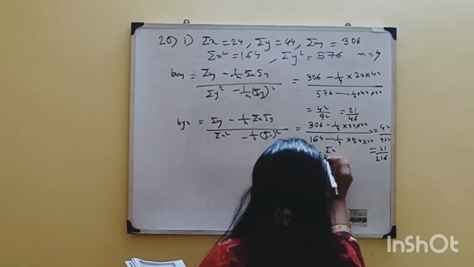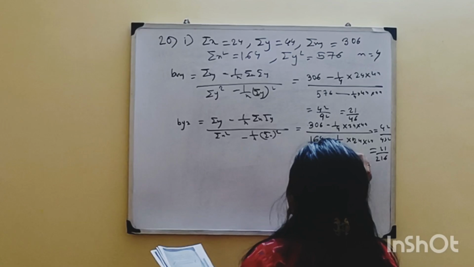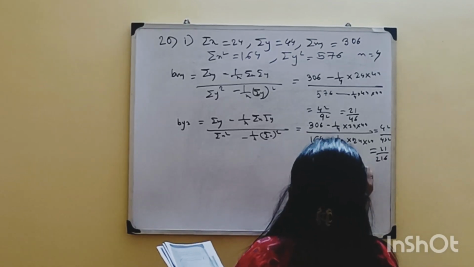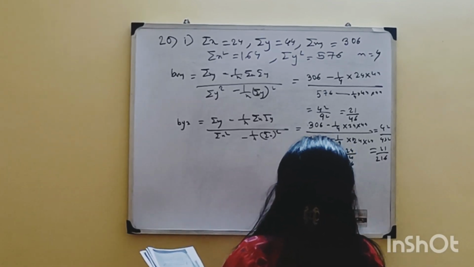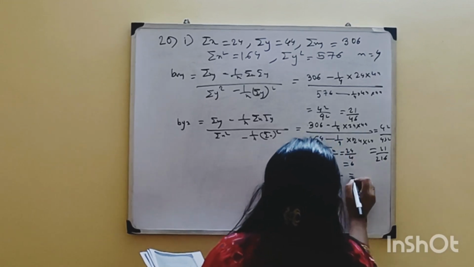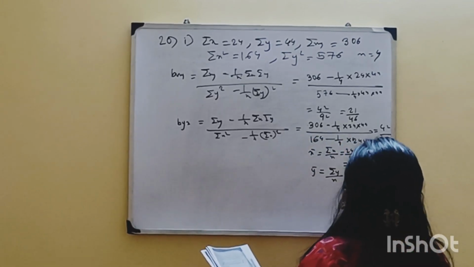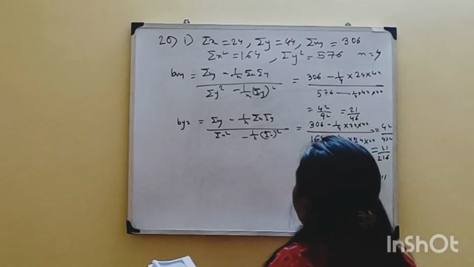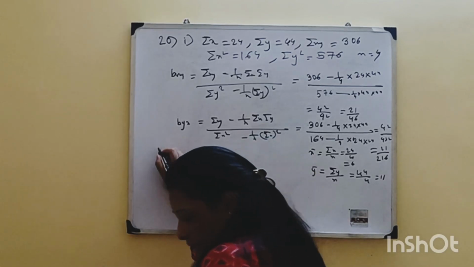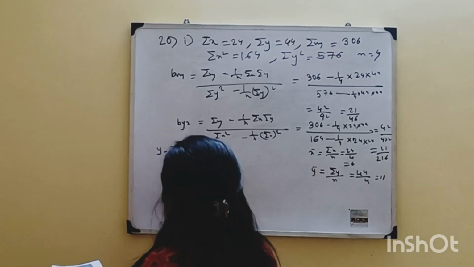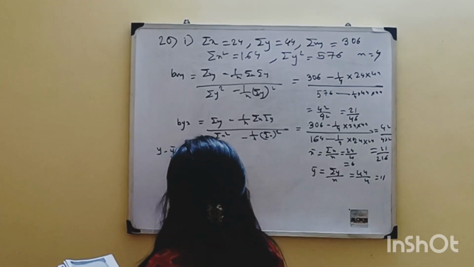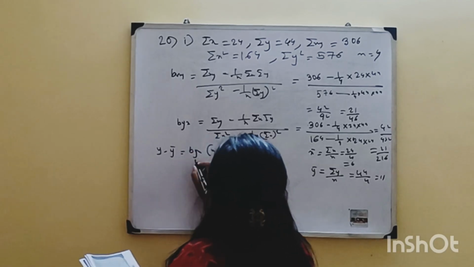Now x bar. What will be the x bar? Summation x by n. Summation x is 24 by 4, that means 6. And y bar is equal to summation y by n, summation y means 44 by 4, it should be 11. So the regression line y minus y bar equals Byx into x minus x bar.